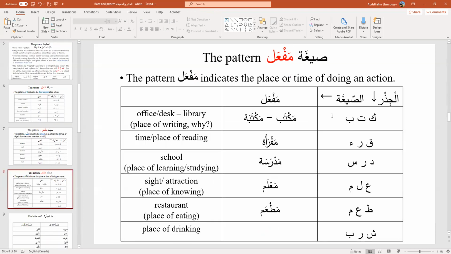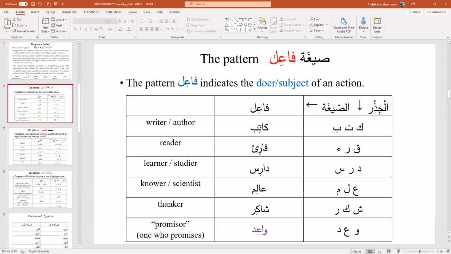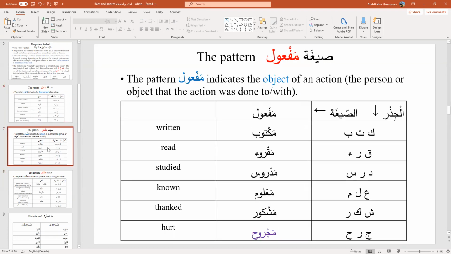So the next one here is the pattern maf'al. Just before we move on to the pattern maf'al, again, the pattern fa'il indicates the doer of the action. The pattern maf'ul indicates the object of the action, i.e. the person that the action was done to, or the object that the action was done with.